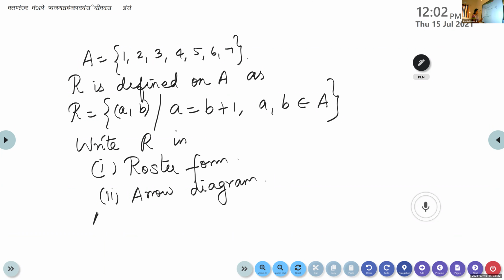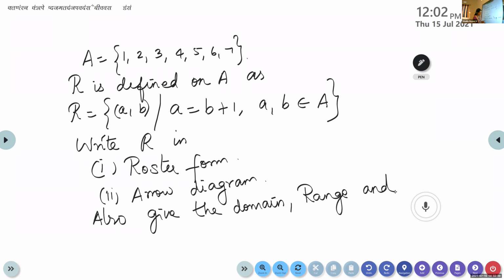The question also asks to give the domain, codomain and range of R.